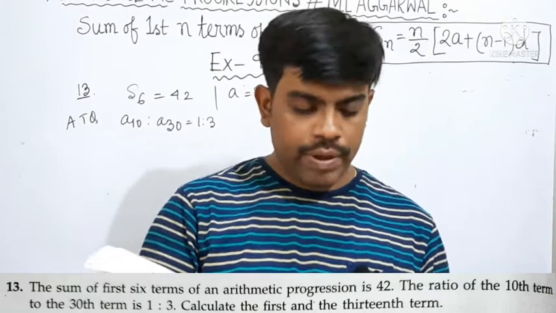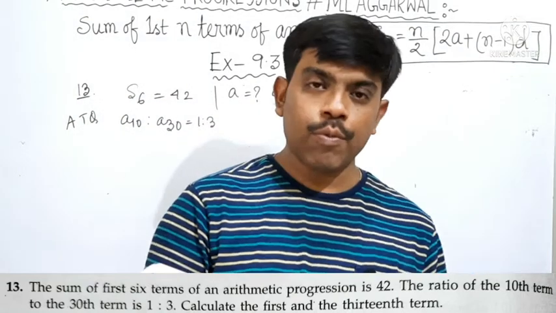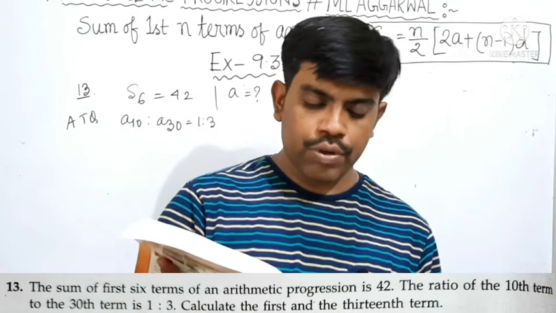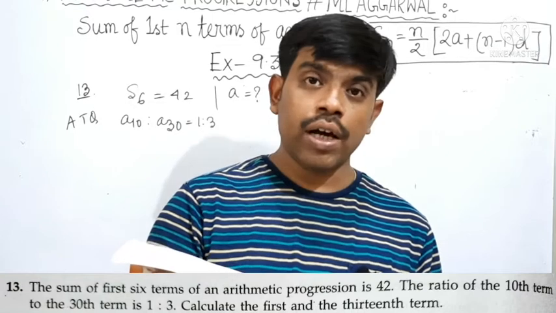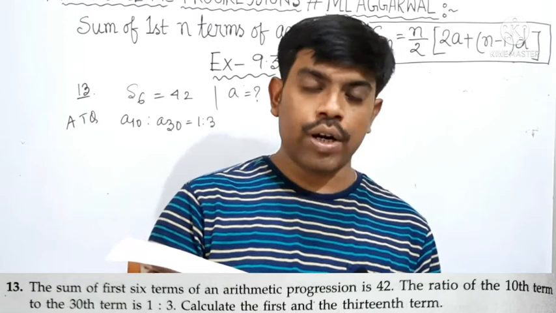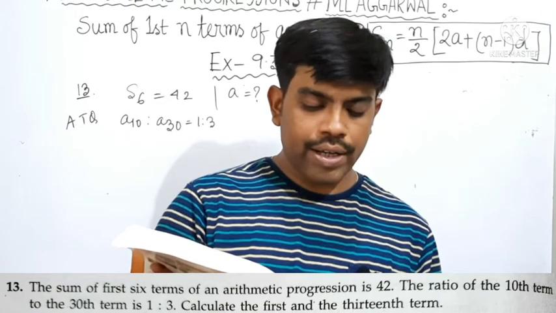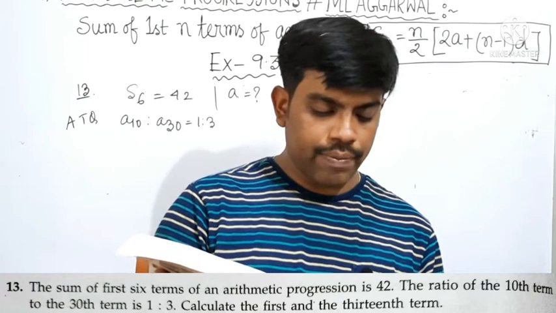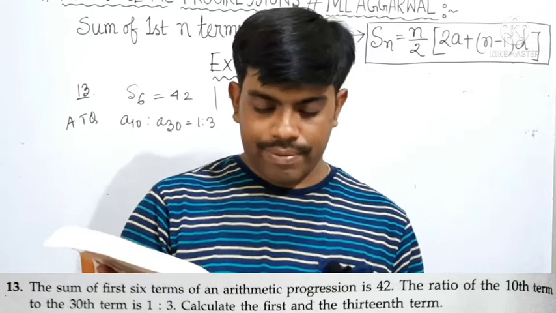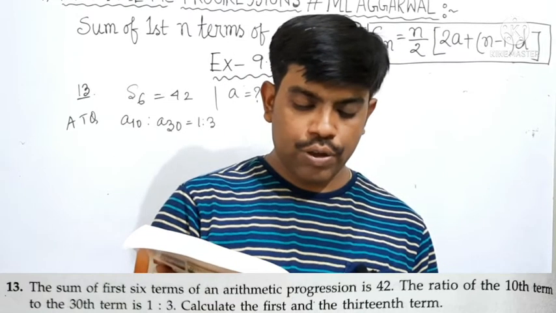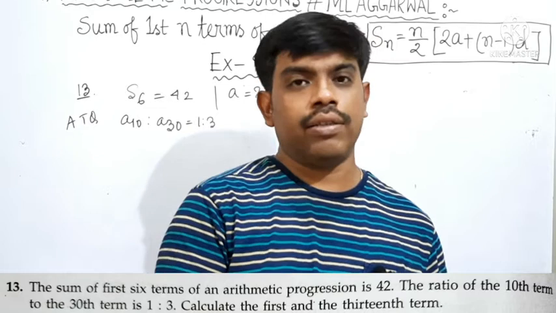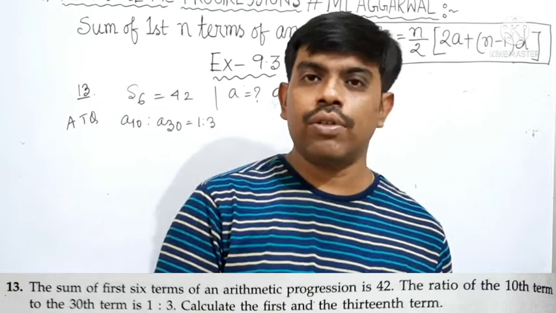Now we will solve problem number 13, and the problem is: the sum of the first 6 terms of an arithmetic progression is 42. The ratio of the 10th term to the 30th term is equal to 1:3. Calculate the first term and the 13th term. Here you have to notice the line, the ratio of the 10th term to the 30th term is equal to 1:3.